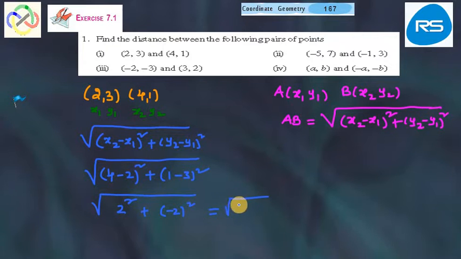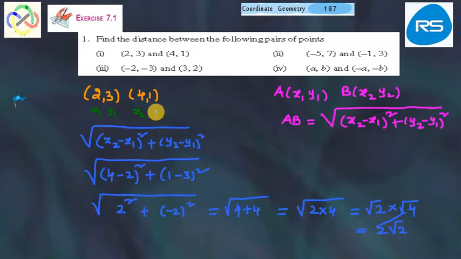I can write this as 4 plus 4, which is equal to square root of 2 into 4, because we have 2 times 4. Further, root a into b can be written as root a into root b. This value is 2, and this we cannot simplify, so it is 2 root 2. The final answer is 2 root 2.